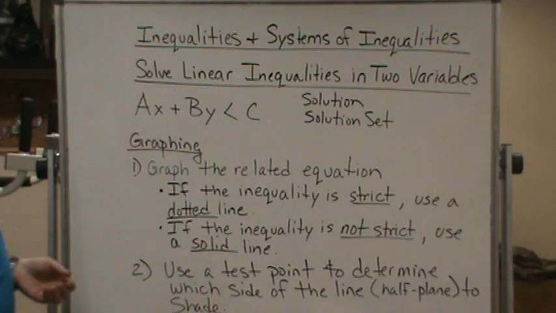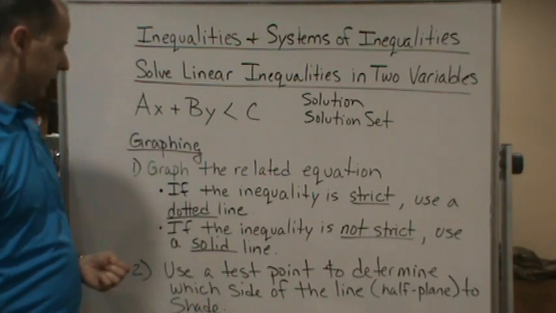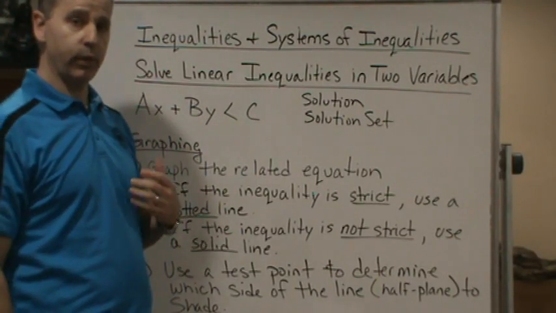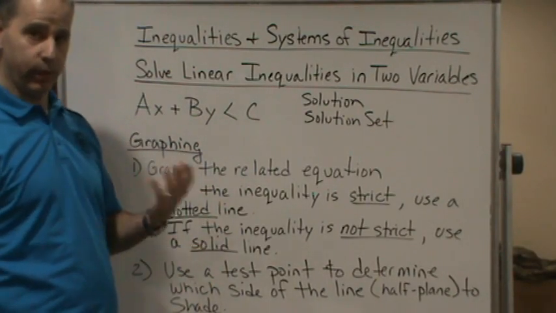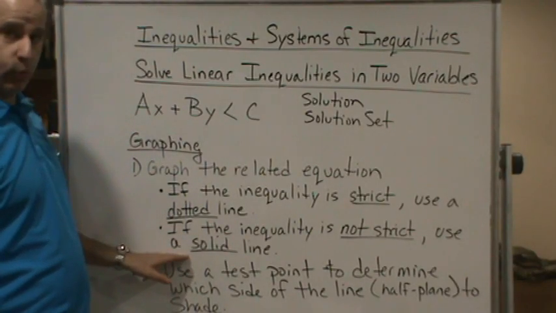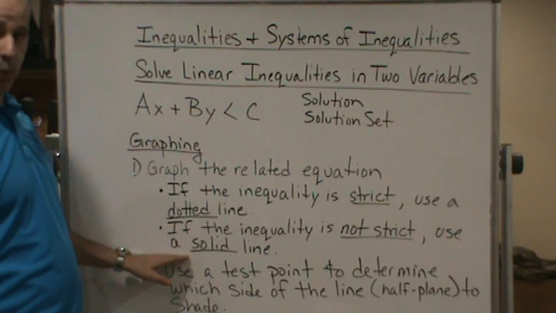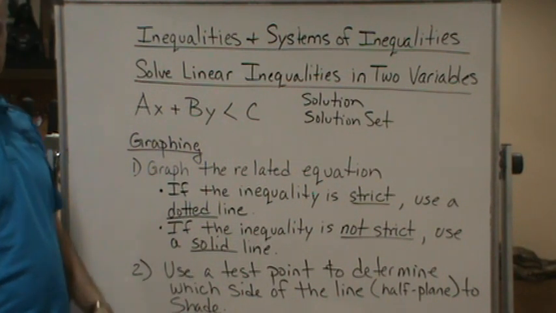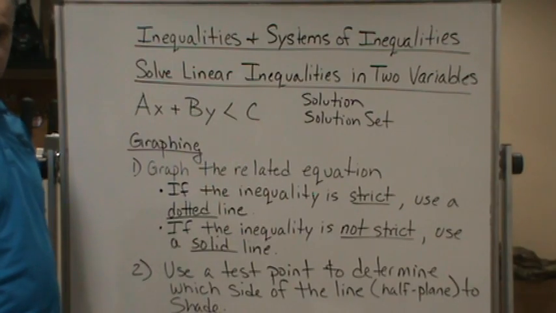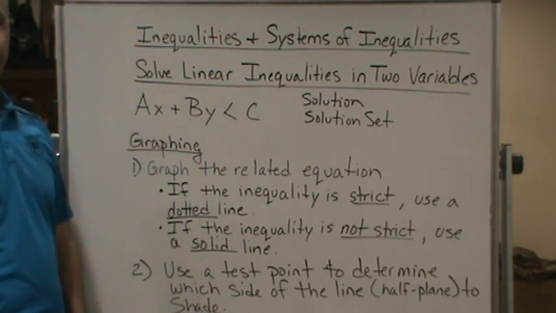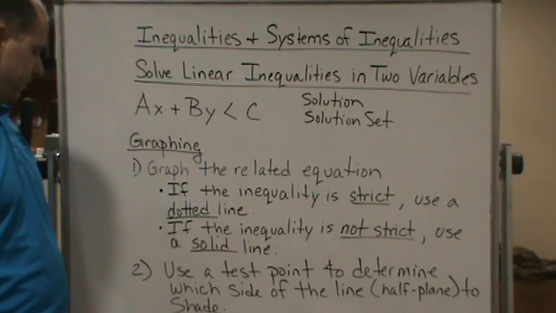If it is not a strict inequality, meaning that we do have an equal sign, in other words, we're dealing with either less than or equal to or greater than or equal to, then we would graph that line, the equation, as a solid line, meaning that the line is going to be included. All the points on the line will be included in the solution set.